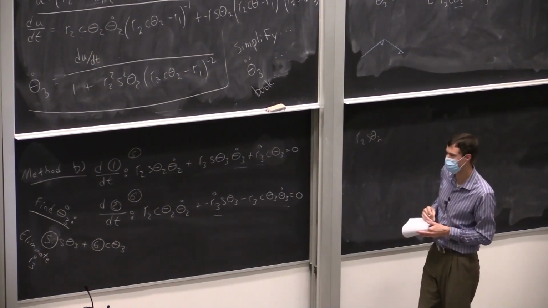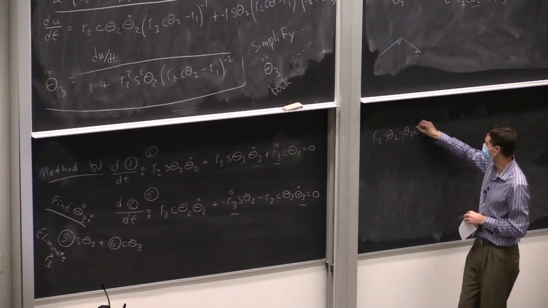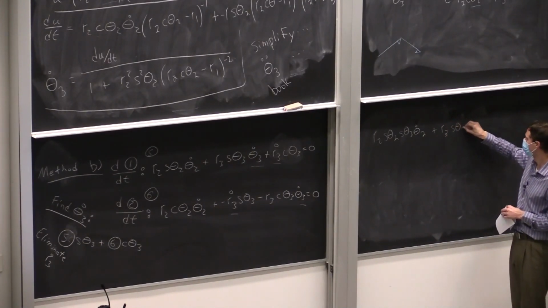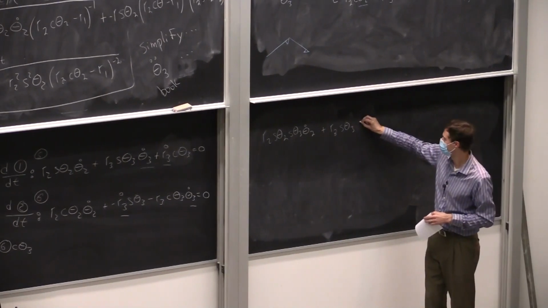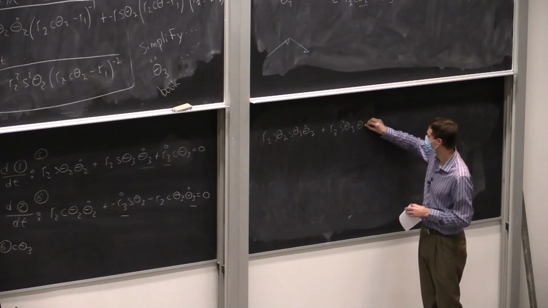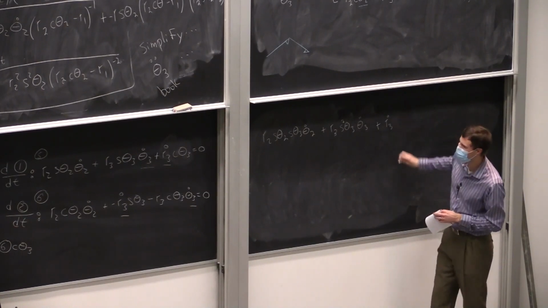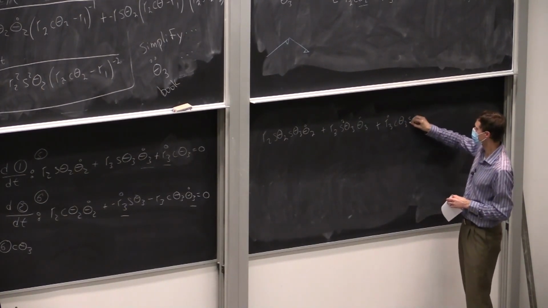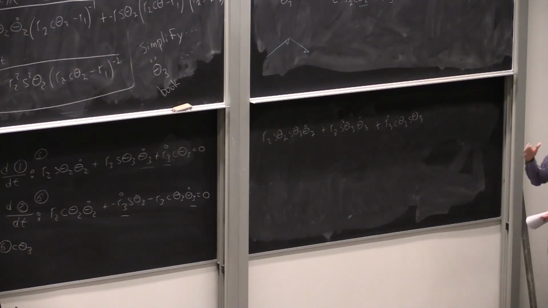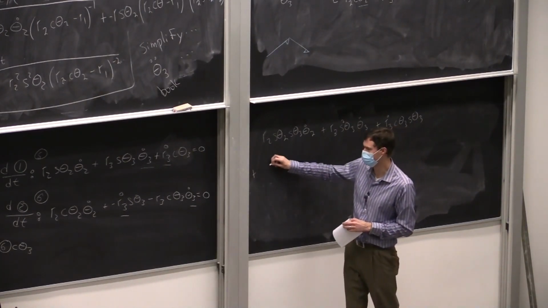This is equation 5 times sine theta 3. Theta 2 dot. So we're going to get sine squared for the second term. Okay, in the third term, we expect it to go away. Cosine theta 3, sine theta 3. Okay, so that's 5 times sine 3. And we're going to add now equation 6 times cosine theta 3.